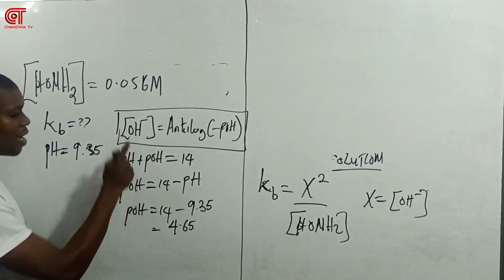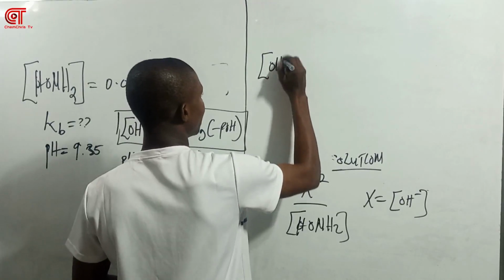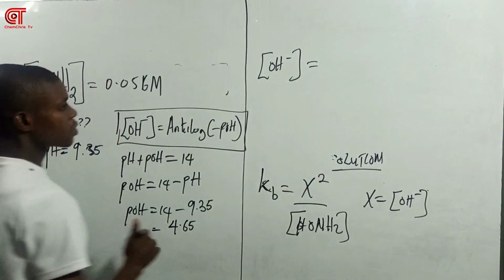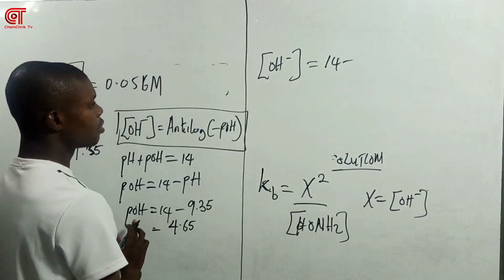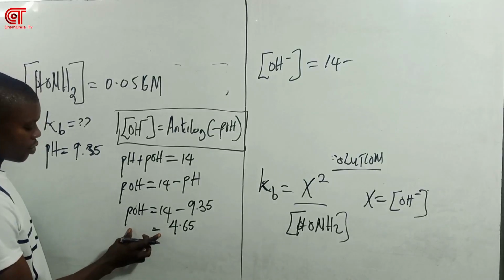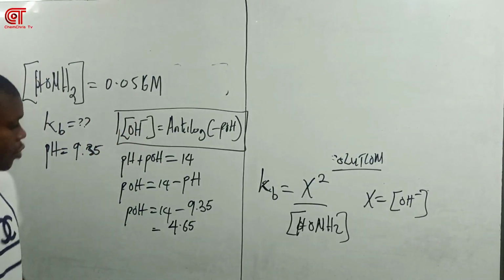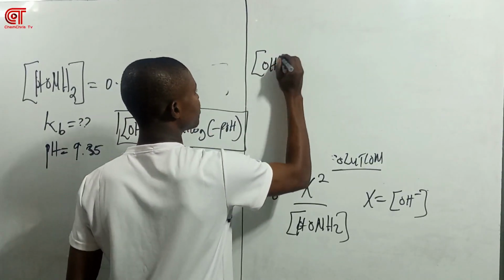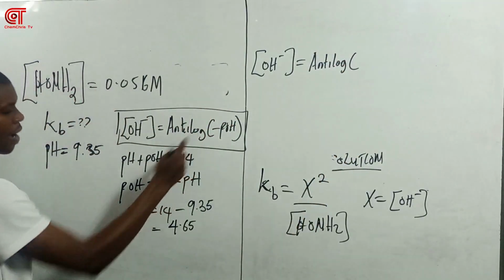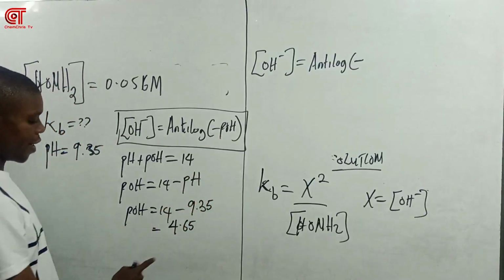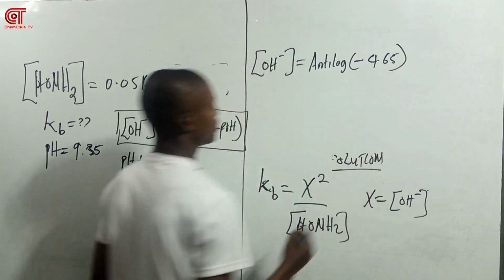From there, I can easily calculate my OH minus concentration. So OH minus equals the antilog of minus pOH, which is 4.65.